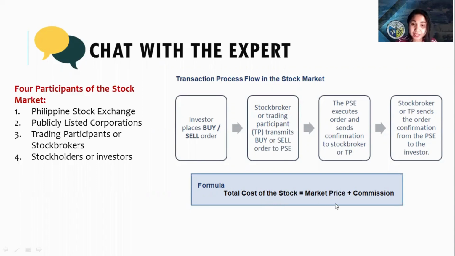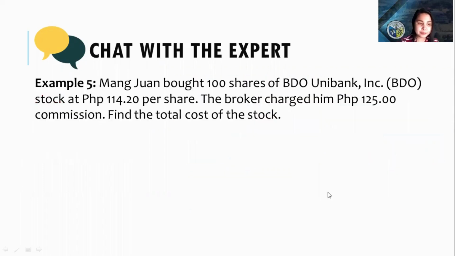Now, what's the formula for the total cost of the stock? It's the market price plus the commission. Example, Mang Juan bought 100 shares of BDO Unibank at 114.20 per share. The broker charged him 125 pesos as the commission. What's the total cost of the stock?